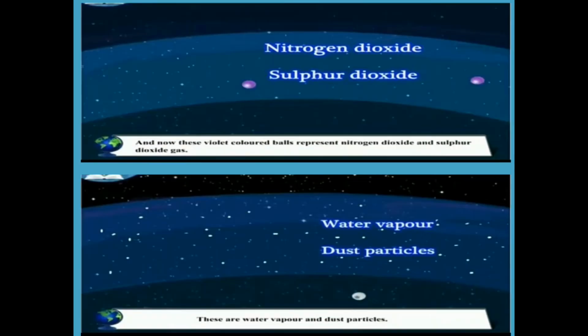In this slide, students, you can see some violet colored balls which represent nitrogen dioxide and sulfur dioxide gas, and along with all these gases, water vapor and dust particles are also present in the atmosphere.